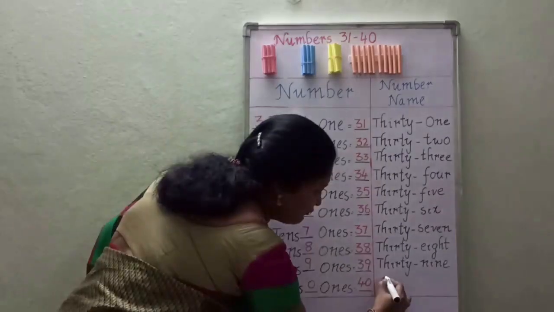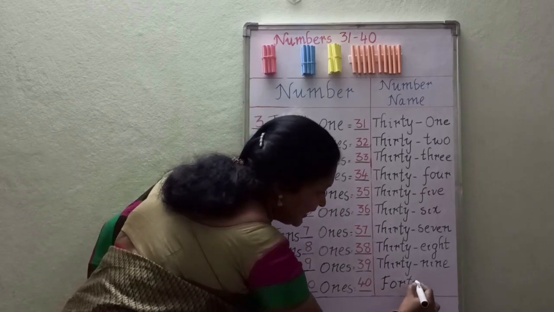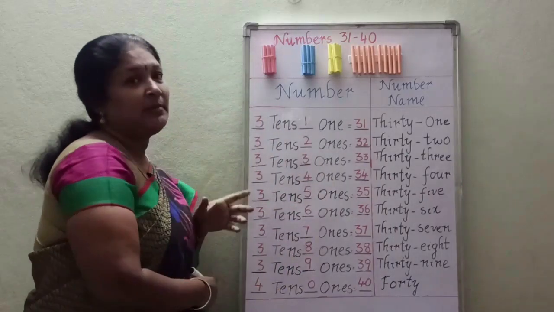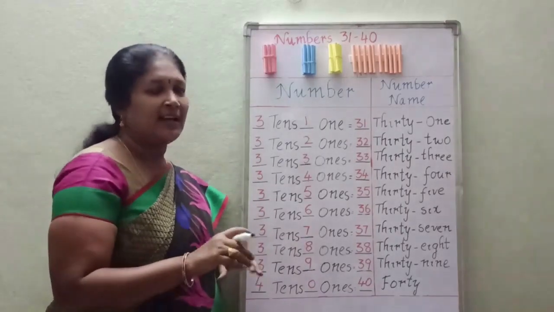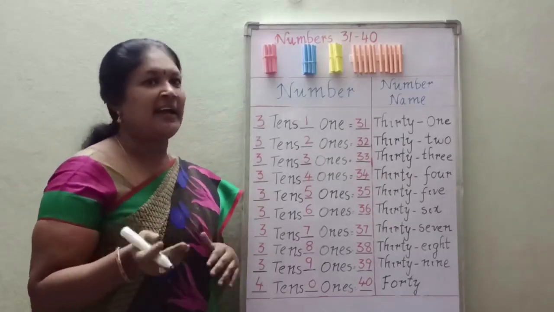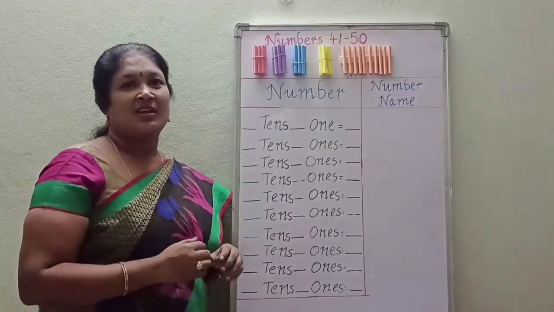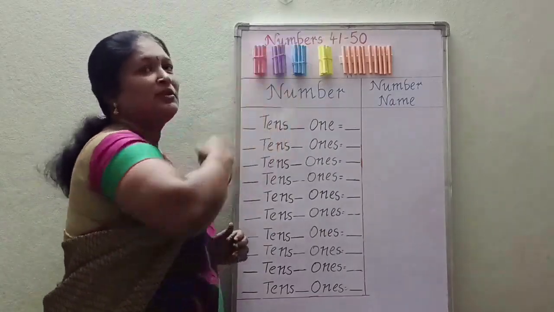What is the spelling of 40, children? FORTY. Just remember that it's not FOURTY. It's FORTY. FORTY, 40.